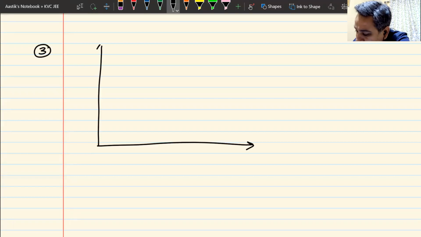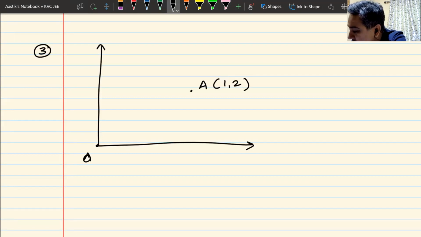I will just change something in this question and make it look different. I will put the same coordinates. This is O. This point is A, it is (1, 2). I'm just making a small change. I am giving you 3 paths. Path number 1 goes like this.